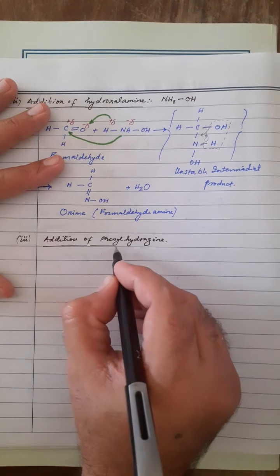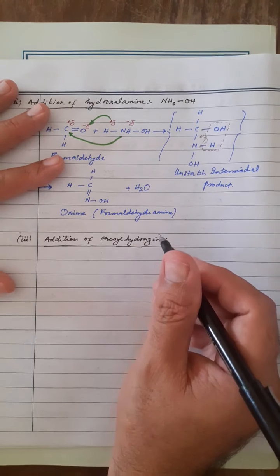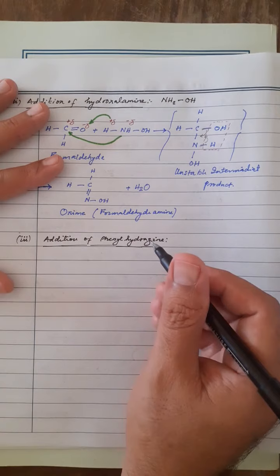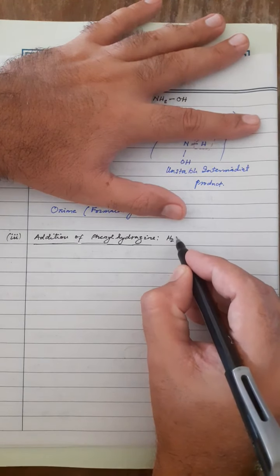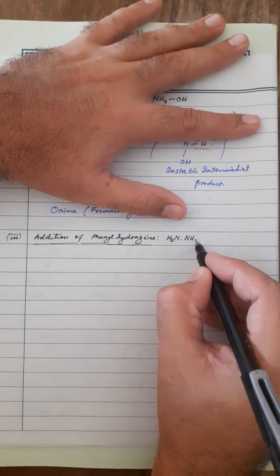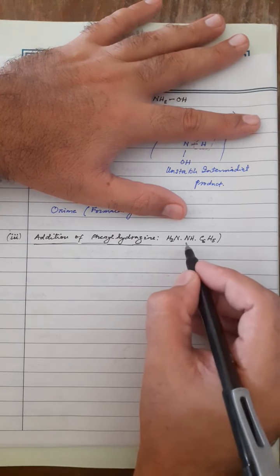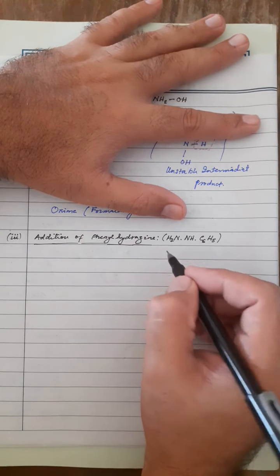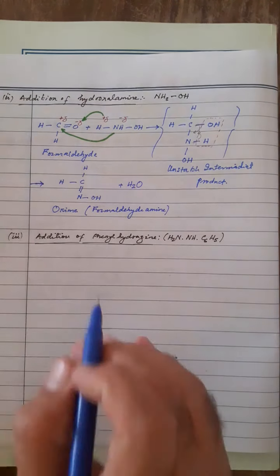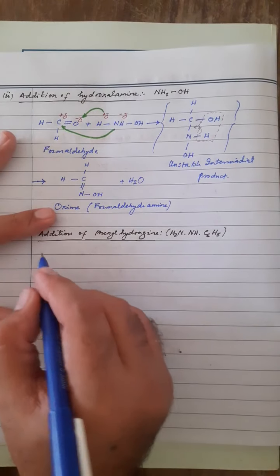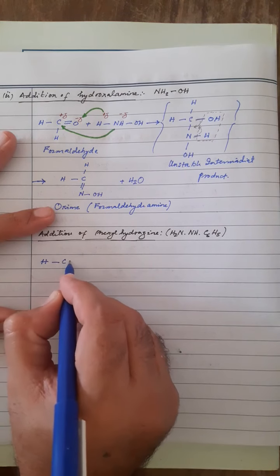Now, phenyl means it contains a benzene ring. Hydrazine is a name for compounds of two nitrogens, you know. So the formula is H2N, NH, and C6H5, phenylhydrazine. But we will write the structures rather open so you can understand, and it looks pretty and clear.